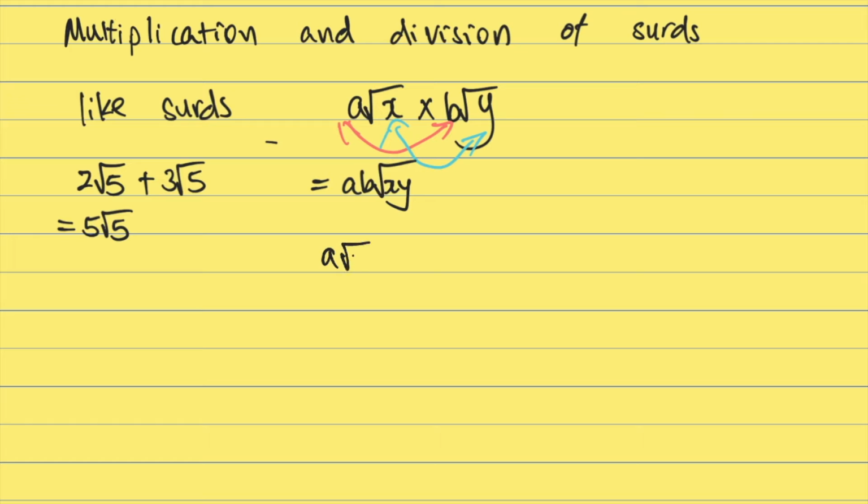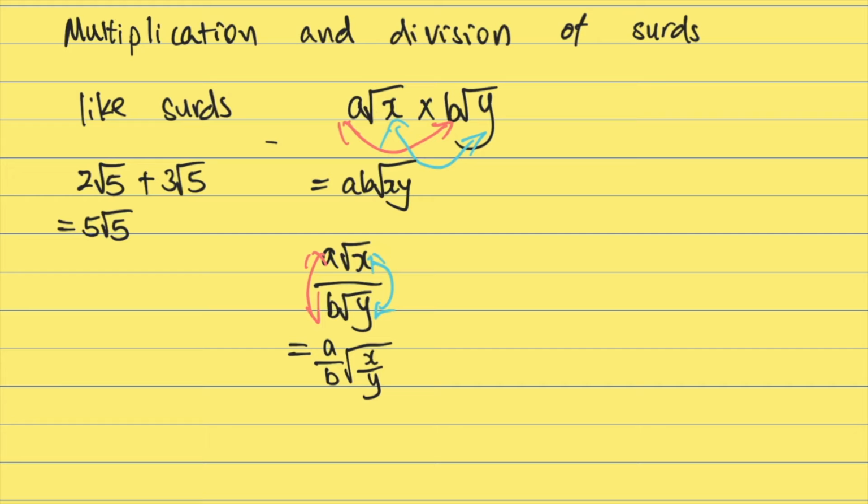A square root x divided by b square root y: you divide the numbers outside the square root, and you divide the numbers under the square root, which leads to a over b times square root x over y. Okay, now you know the concepts of multiplication and division of surds.